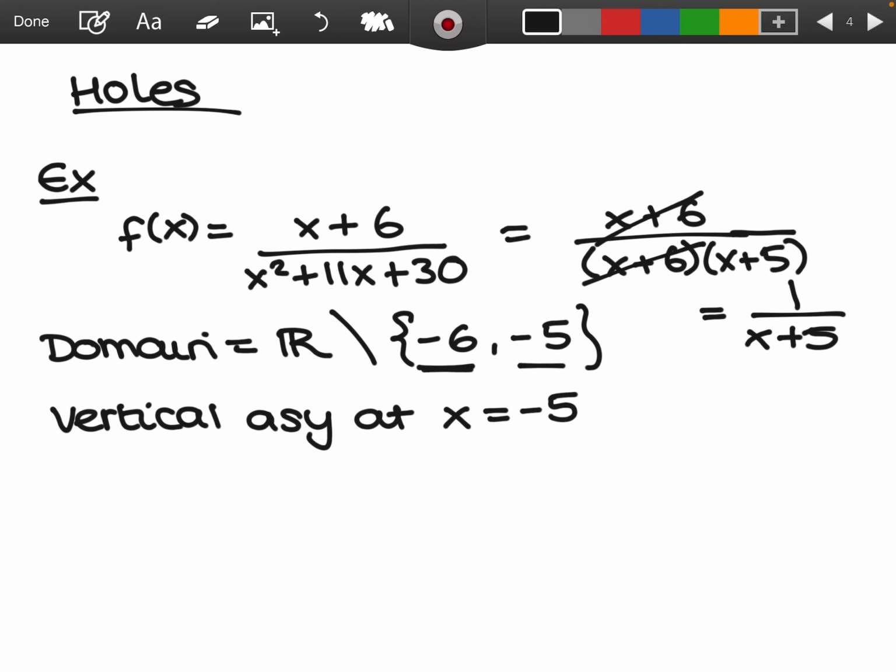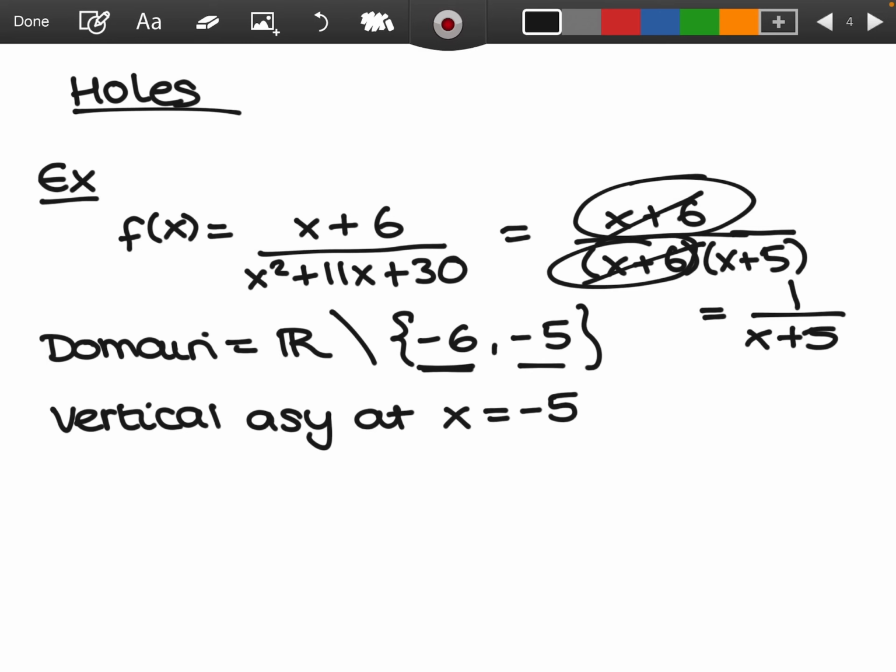So what about this negative 6 value? Well, we did this cancellation here, where I had x plus 6 on the numerator and x plus 6 on the denominator. My function is still not defined at x is equal to negative 6.